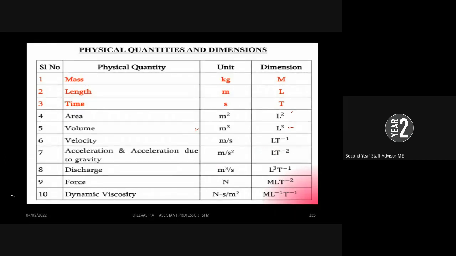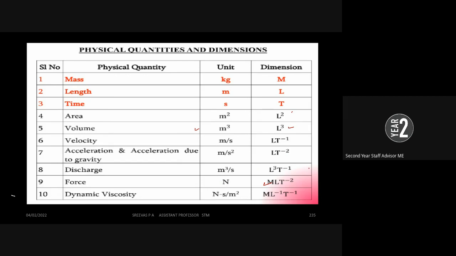Meter dimension is L, so L cube, and divided by second, time comes in the denominator, so it becomes L cube T raised to minus 1. Force, dimension is mass into acceleration, mass is M and acceleration is LT raised to minus 2, so it becomes MLT raised to minus 2.